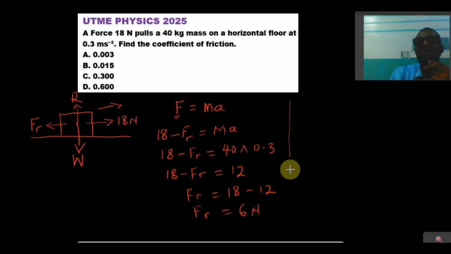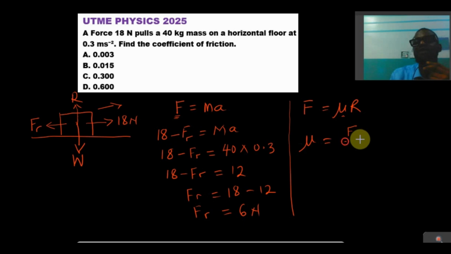Now, how do we get the coefficient of friction? We are going to apply the formula F equals mu R, where mu is the coefficient of friction. Making mu the subject of the formula, we have that mu is equal to F over R. This gives us the frictional force, which is 6, divided by R. R means mg.